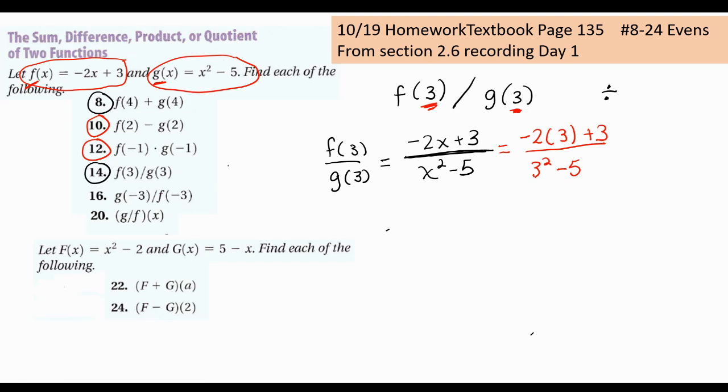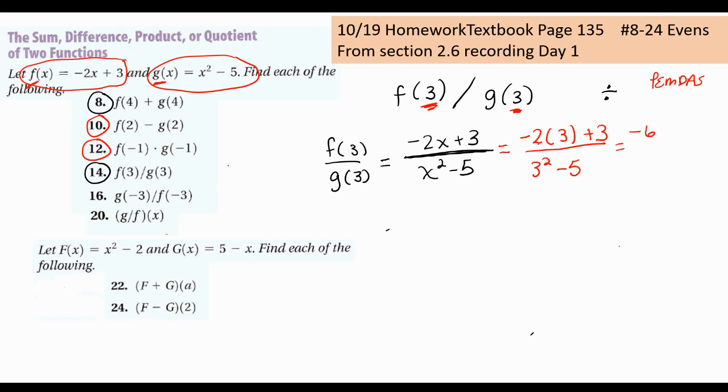And you notice here I didn't put a parenthesis around the 3 because it's positive. So you do have to have parentheses if you're plugging in a negative number like we did on number 12 with the negative 1. Okay, so the rules say to do PEMDAS, right? So remember your PEMDAS rules. So I need to be multiplying right here first.